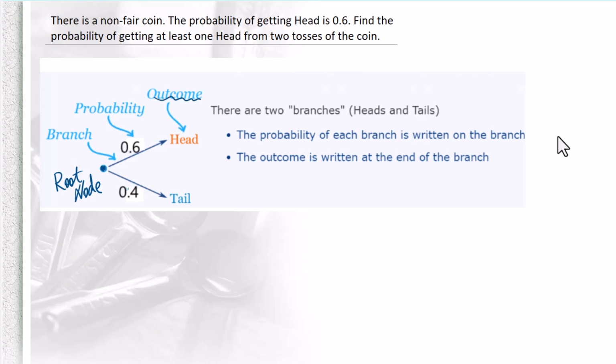We have two outcomes, so we need to draw two branches. On the branches, we need to write down the probability: 0.6 for head, 0.4 for tail. This is the tree diagram for the first toss.